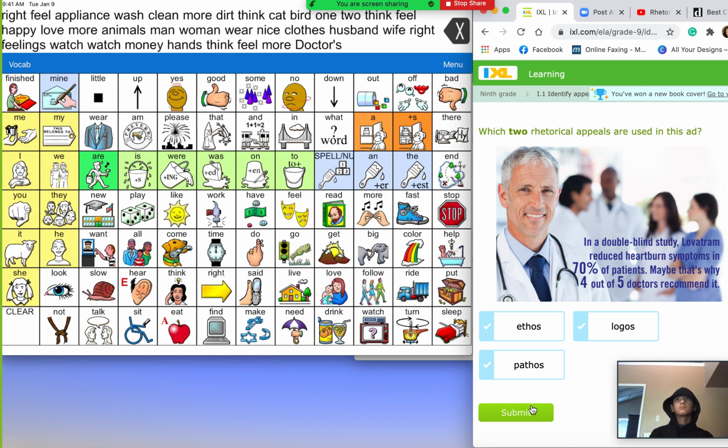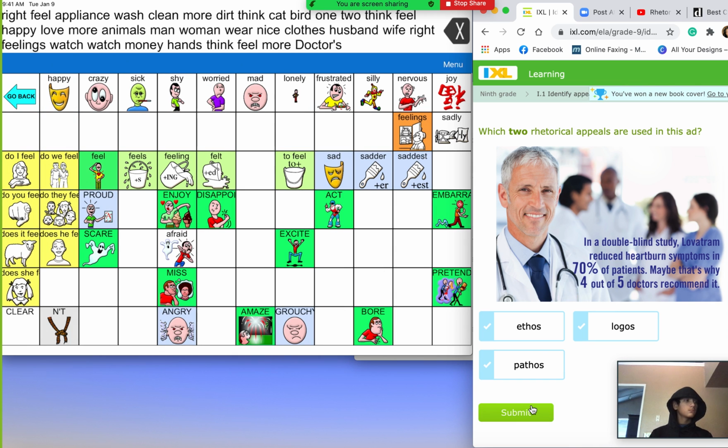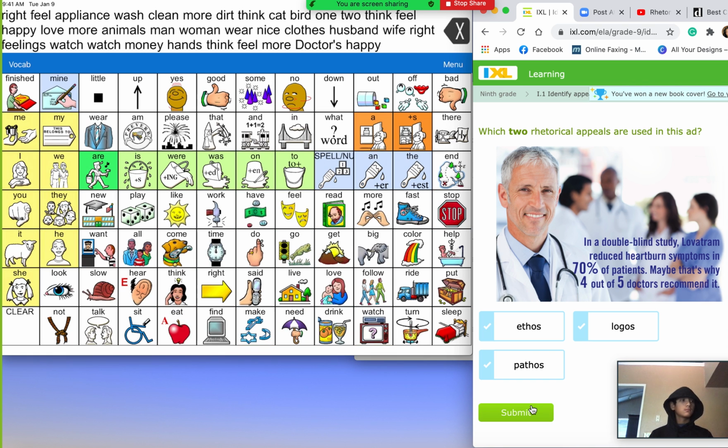How do you think he's feeling? I don't know if that's going to be the important piece of the puzzle here, but yeah, he looks generally happy, so that's good. So in a double-blind study, Lovatram reduced heartburn symptoms in 70% of patients. Maybe that's why 4 out of 5 doctors recommend it.